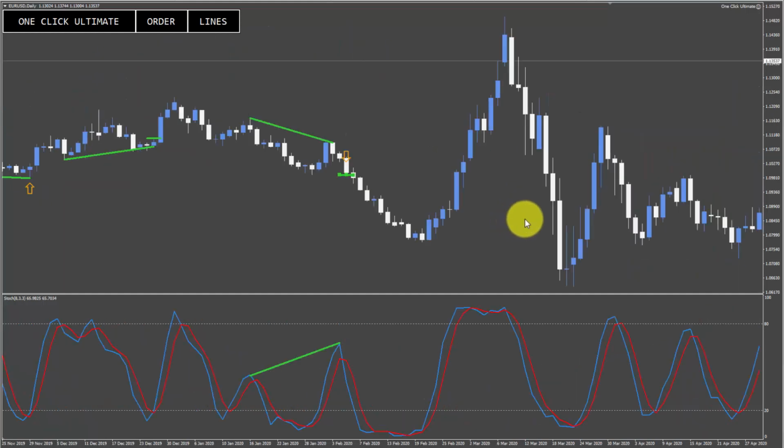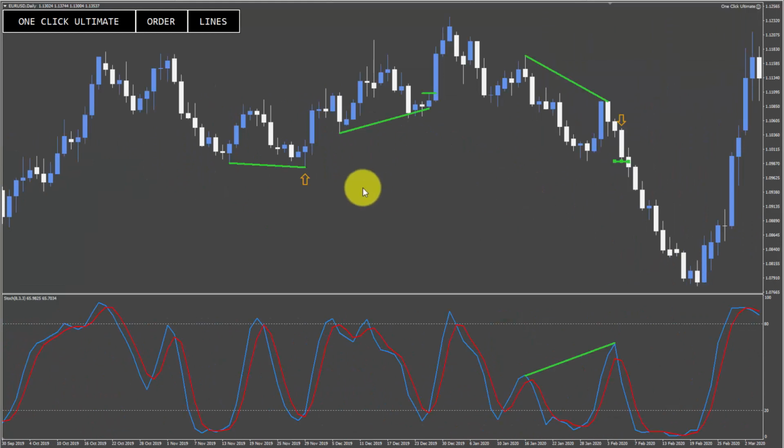So let's just zoom out a little bit and put all of these on one screen so that you can see them. I'll just get rid of the entry levels and just focus on the different types of divergence for you. But the most important thing to take away from this video is that for divergences of any kind, you're always looking at the lows in order to buy.